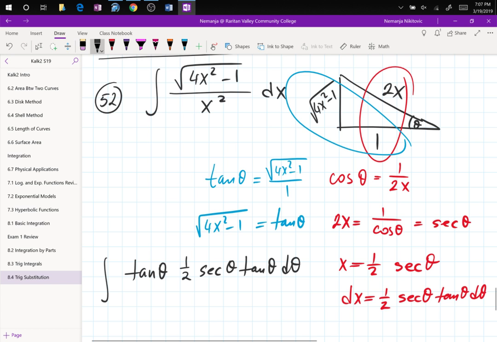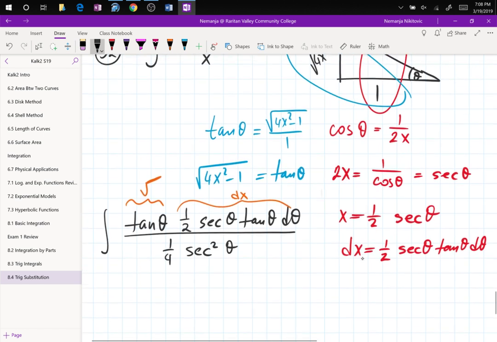So this part over here is the square root, and this part over here is the dx, and now all of that divided by x squared, which is 1/4 secant squared theta.